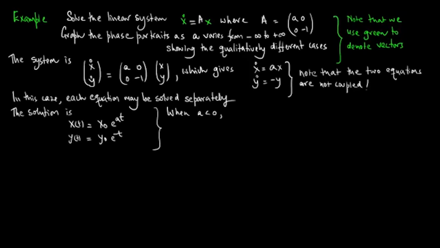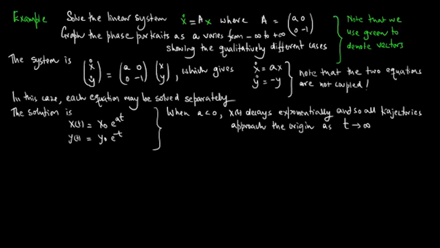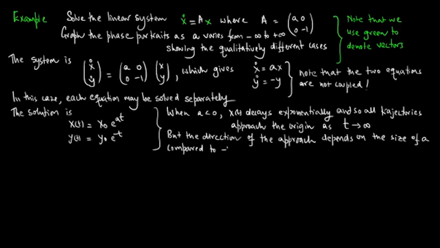So when a is less than 0, x of t decays exponentially, and so all trajectories approach the origin as t tends to infinity. But the direction of the approach depends on the size of a compared to minus 1. So we consider numerous cases and begin with a less than minus 1. And then plot a is equal to minus 1.